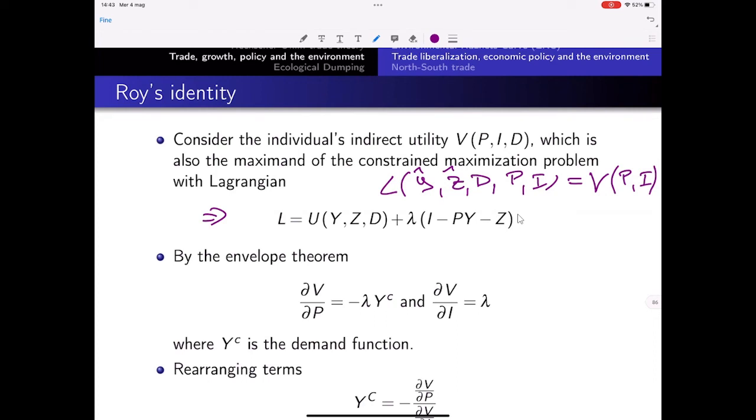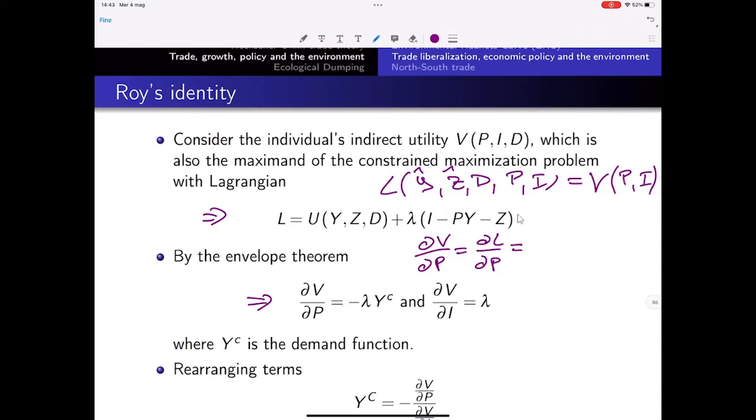If you remember, this is perhaps something you have seen in mathematics, hopefully. What I have to calculate is the derivative of V with respect to P and the derivative of V with respect to I. So I take the derivative of V with respect to P, but this is just the derivative of L with respect to P. And again, I'm going to use the envelope theorem.